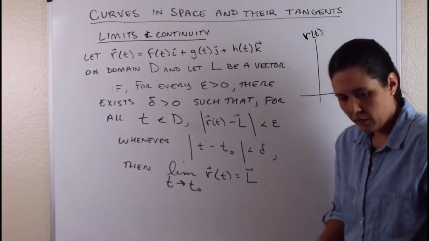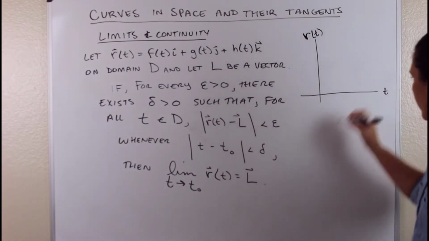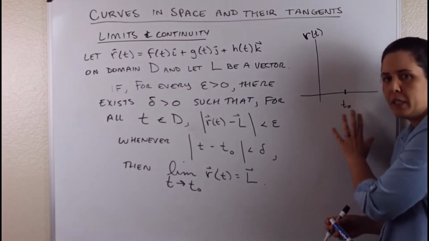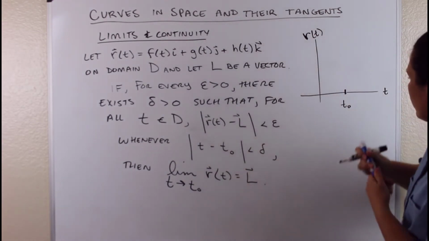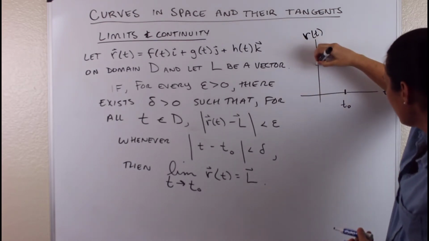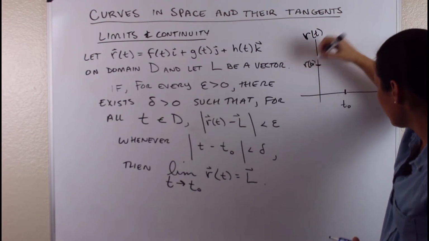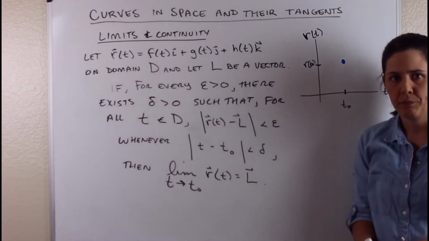And so that might look like maybe my t naught that I'm approaching is somewhere here. So I'm saying I'm getting really close to this t naught value. This can be any number in our domain. And my output value is maybe here. So this is like r of t naught. Okay, so that would be a point in space. All right.